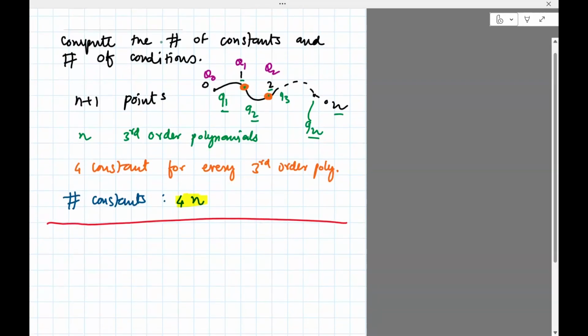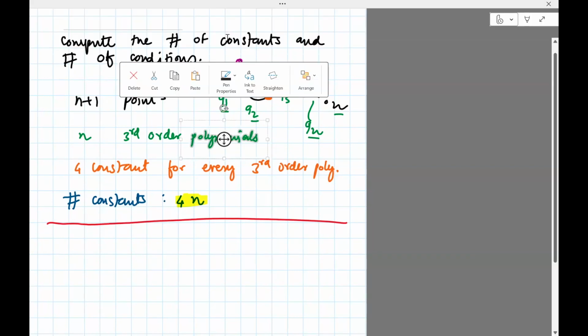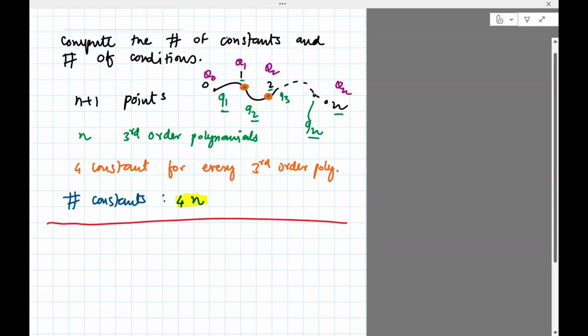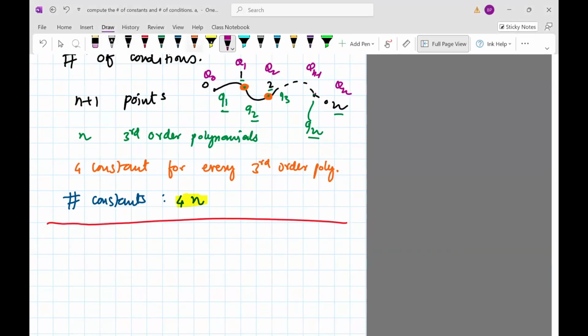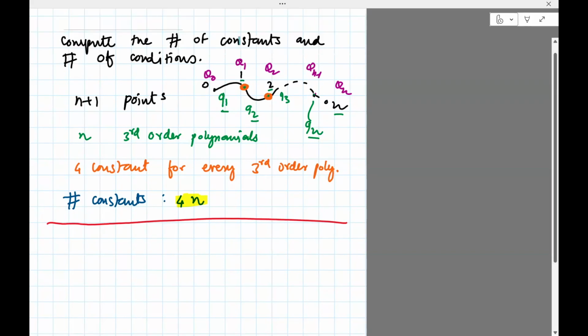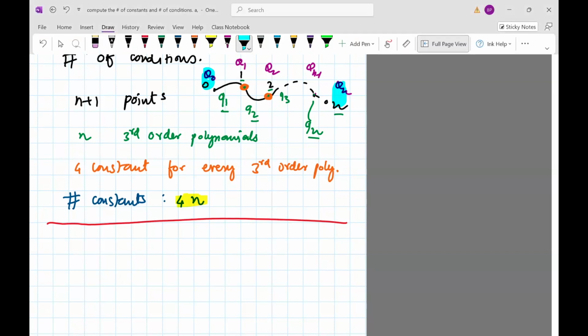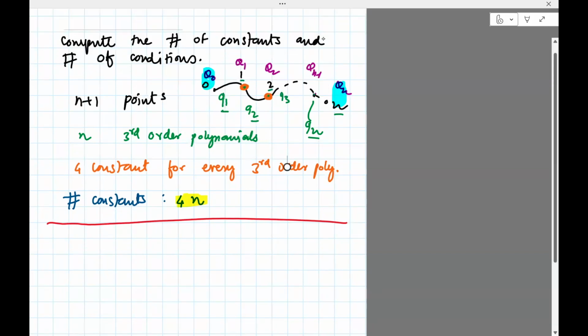Since we know the value at this point and this point, we can keep doing that till we reach, let's say, theta n minus 1 and theta n. We'll deal with the end points slightly differently. Let's not worry about them. Let's just look at the points in between, because the end point becomes slightly confusing. So let's look at all the intermediate points.